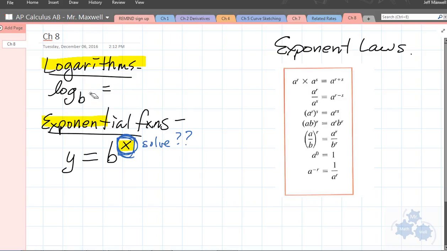Sorry, I'm using this terminology, it's the log of y, base b, is x. So the log of y, base b, equals x.